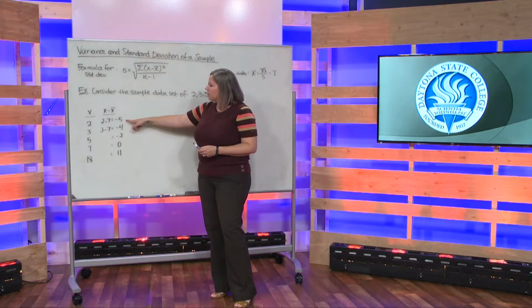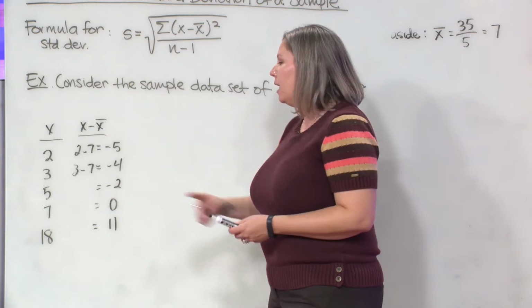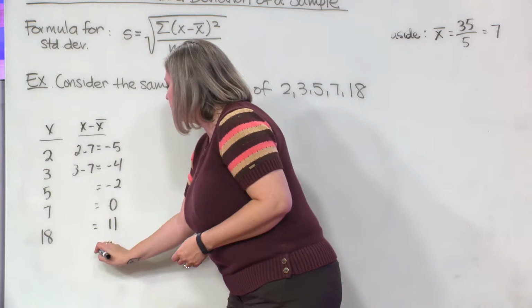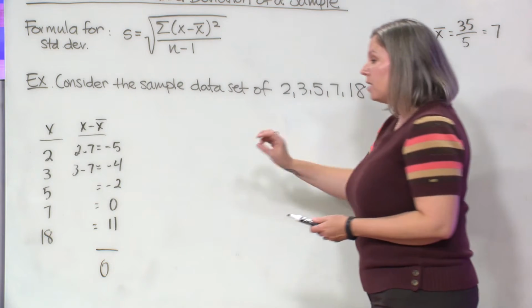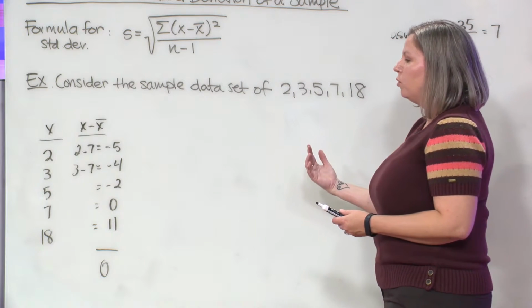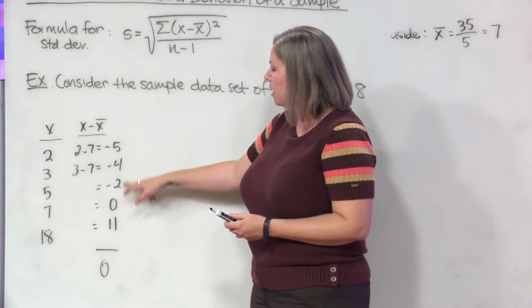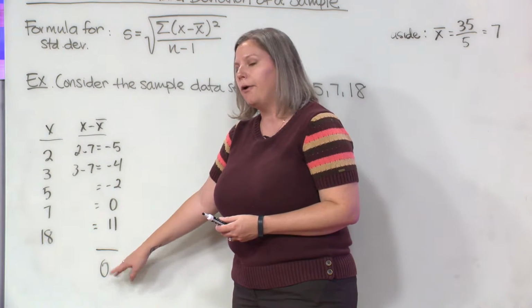So if you notice, if I were to add these 5 values together, it always sums to 0. And so it's nice that I can stop right here, check to make sure that I'm on the right track before I move on. So negative 5 plus negative 4 plus negative 2 plus 0 plus 11 does add to 0.